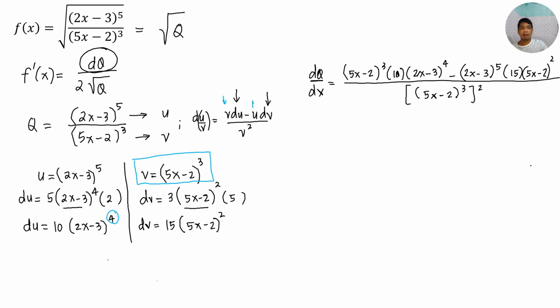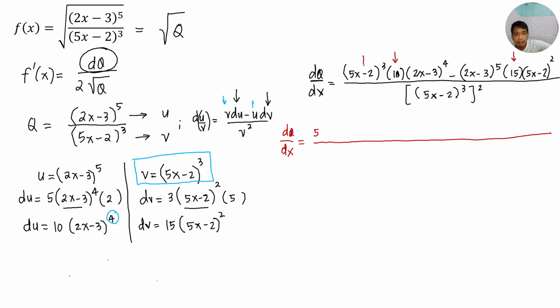Then we simplify by factoring out the common factor. Let us look at the terms in the numerator. For the constants, we have 10 and 15, which have a common factor of 5.